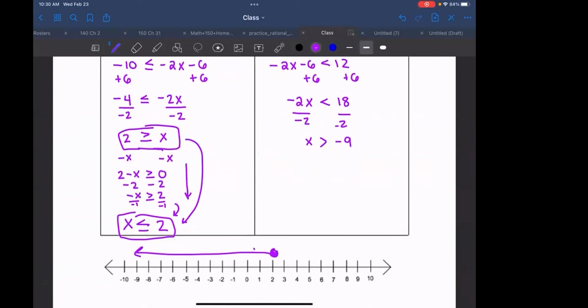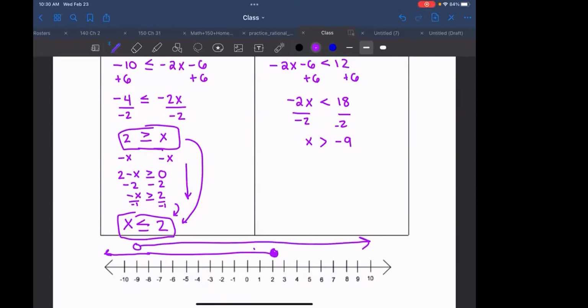So we have negative 9, right? Let me kind of just extend this line over. We have negative 9. We're not filling in the circle, and x is bigger than. So does my line go to the left or to the right here? The right, right? Okay.